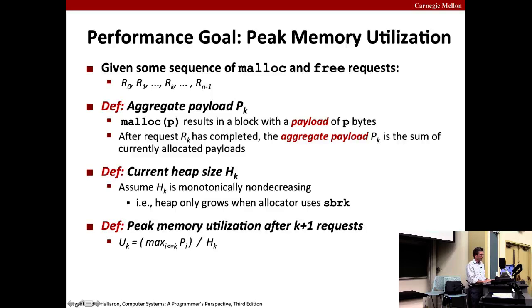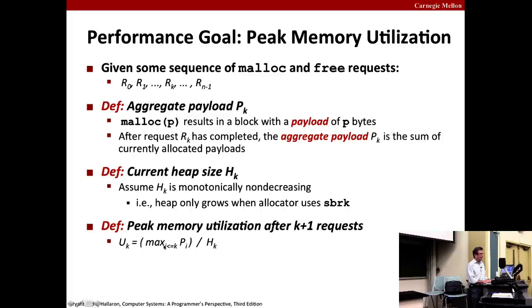So given those notions of aggregate payload and heap size, the peak memory utilization after k plus 1 requests is the sum of all the payloads divided by the total size of the heap.